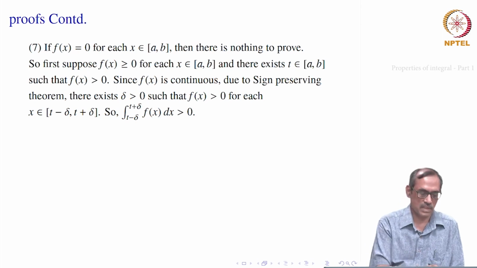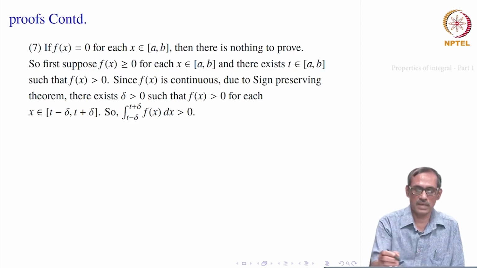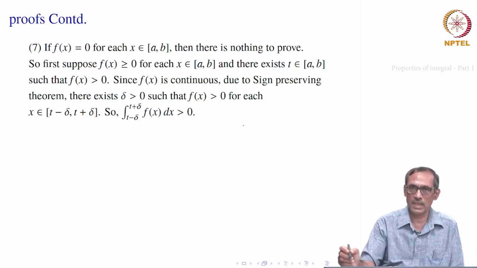So, its integral is bigger than 0, but our integral is equal to 0, that is given. Our assumption was that if the integral is equal to 0, then f is 0, and that is what we wanted to show. So, we started with, suppose it is not equal to 0, but it is greater than or equal to 0, that is the first case we are taking.